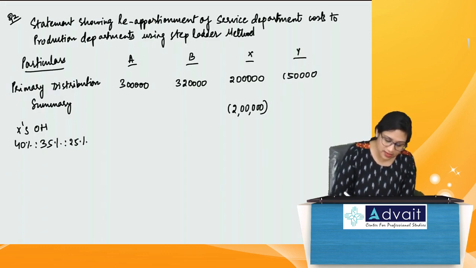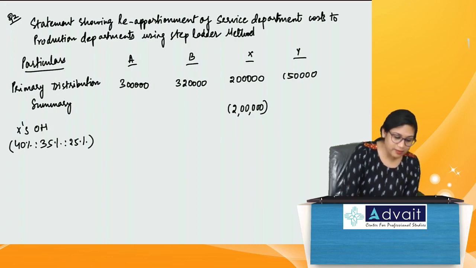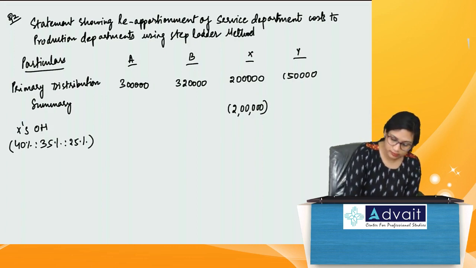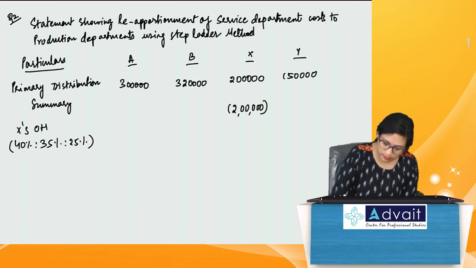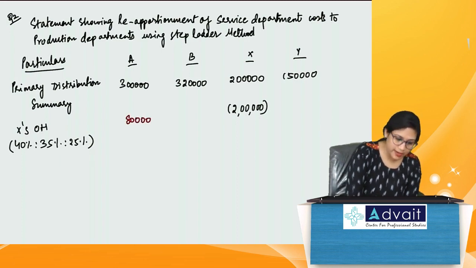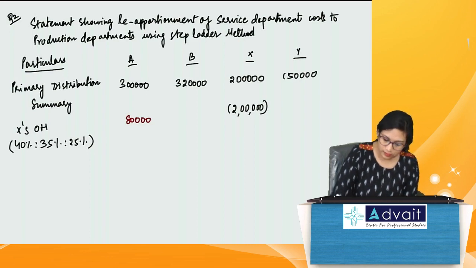So please divide this and tell me how much you get. First one should be 80,000. Second one should be 70,000.